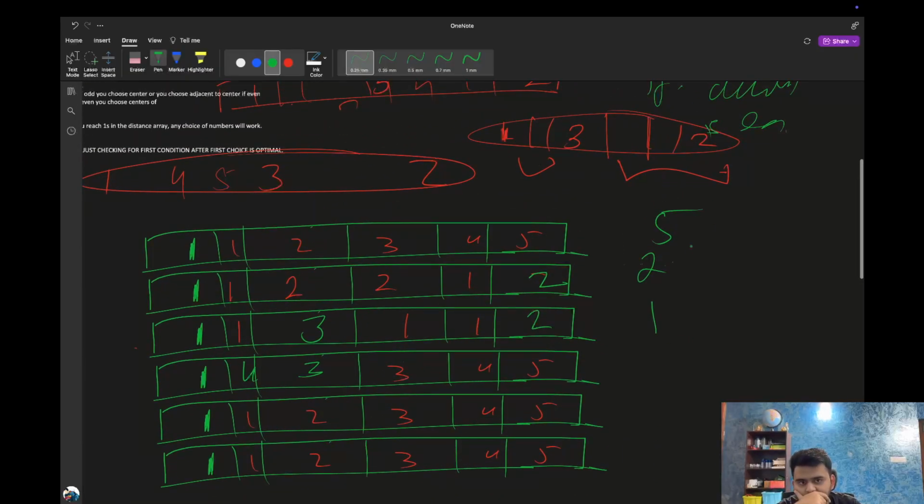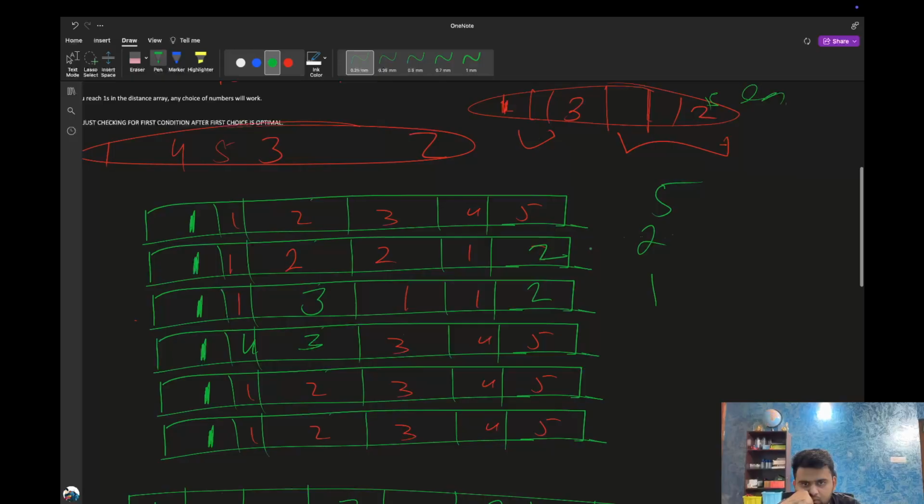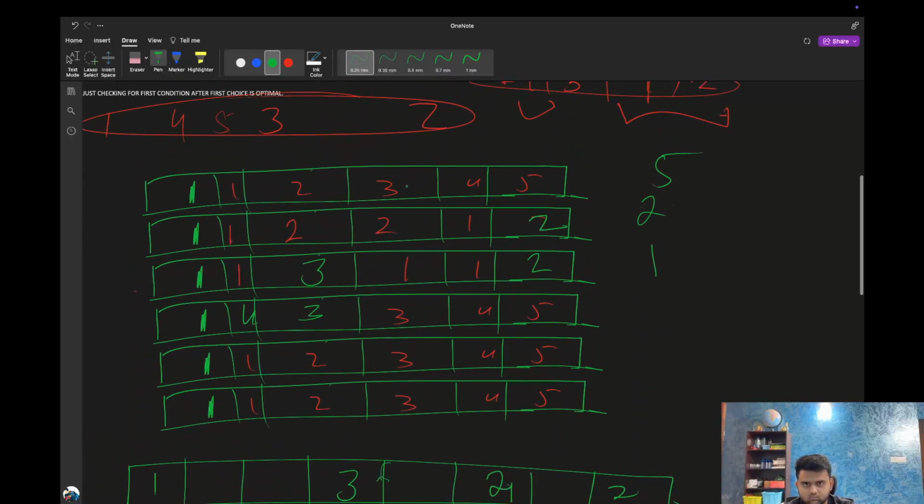So it's what? 5, 2. In case of 5. So you have 2 and 1. So you have 3 and 2.